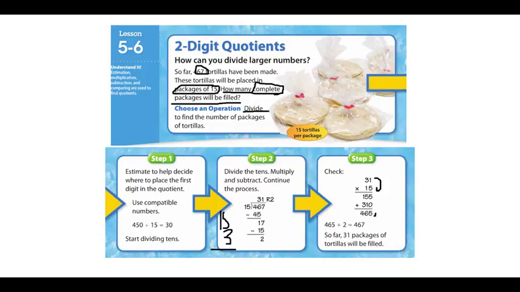Once you get that answer, you should get 265, and then you add 2 to show that's the remainder, and you get 467. So the question being, how many complete packages will be filled? We can only say 31, because there is a remainder of 2, and that 2 doesn't make a complete package.